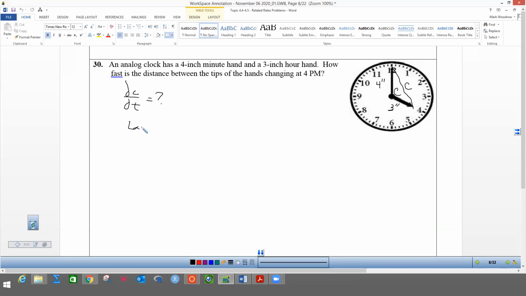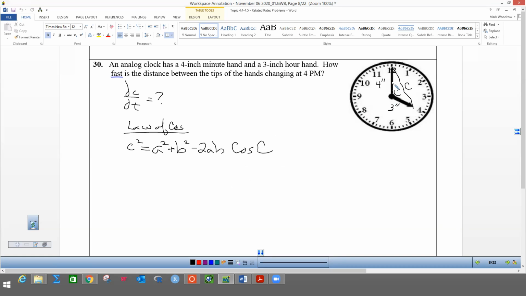So I'm going to write the law of cosines equation down from geometry, which is c squared, that's little c, this side over here, is equal to a squared plus b squared. It kind of starts like the Pythagorean theorem. And then it's minus 2ab cosine of angle C. This is that angle right there between the big hand and the little hand.